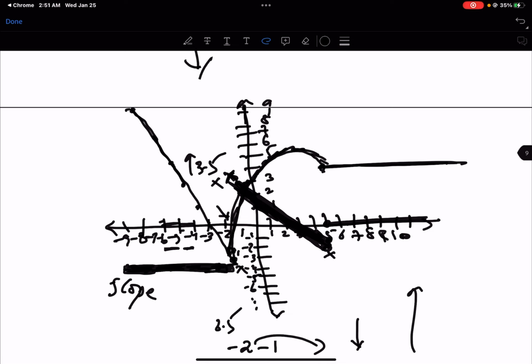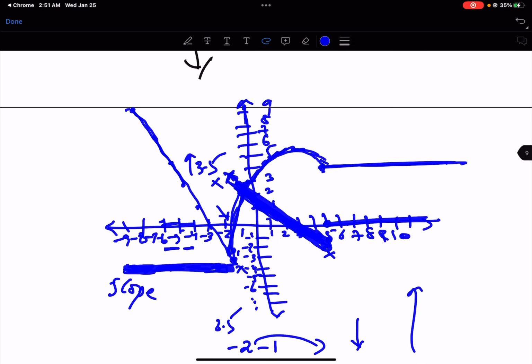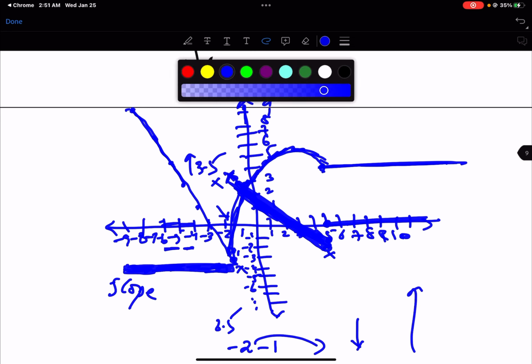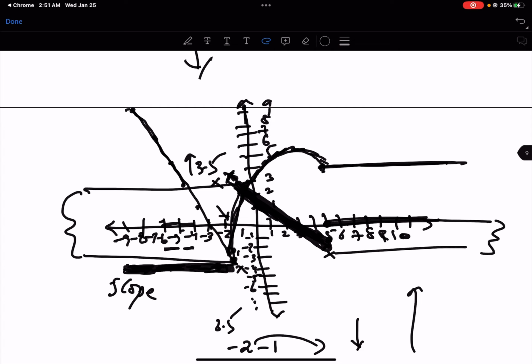Can you see that at this point, let's draw it here, this point and at these points, what is the value of the slope? There is no value. It does not exist. There is a break in the graph for the slope.